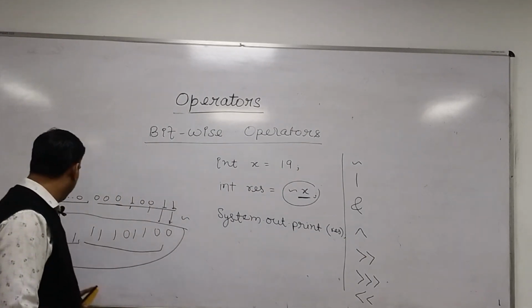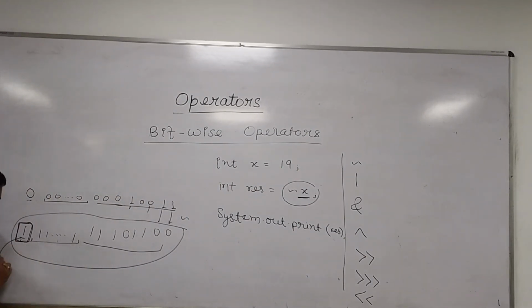So from here, we will calculate that, okay, this is a negative number. We check here that this MSB is 1. 1 means it is a negative number, so I am going to put a minus sign here. Why? Because your MSB is 1. MSB 1 signifies that it is a negative number. So be careful, don't calculate the value directly.